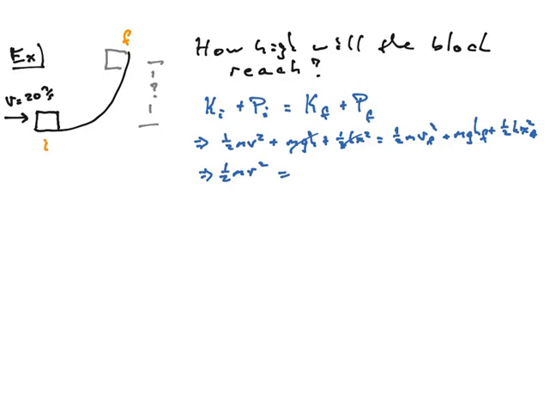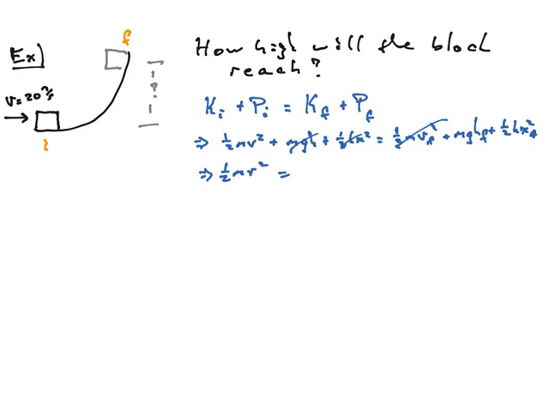If I've gone as high as I could possibly go, then I cannot be moving. Because if I'm still sliding, then I'm still going higher. So if I've reached the maximum height, if I've gone as high as I can up this hill, then I must have stopped. Thus, my velocity in the final position here must be 0. I must have stopped. Because, of course, if I haven't stopped, I'm still going up. So I'm not at the height yet.